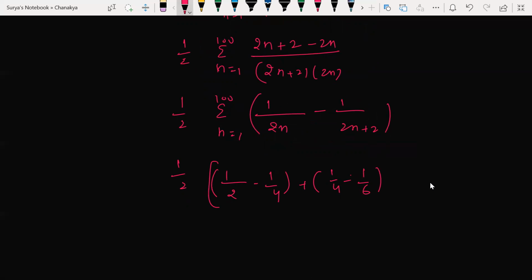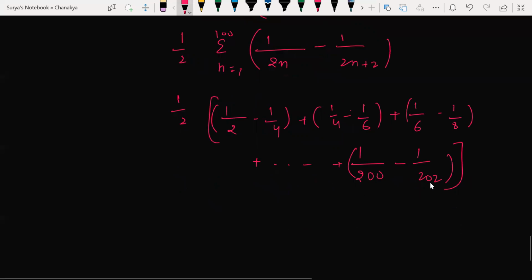N value 2 means substitute n value 3, minus 8. Like this you will get, up to n value 100. So substitute 100, so 200 minus 202. Are you getting my point? This is how you get it, substituting n value 1 to 100.